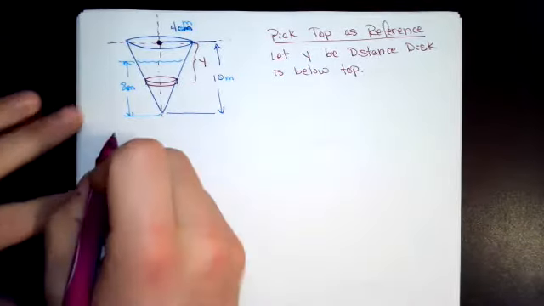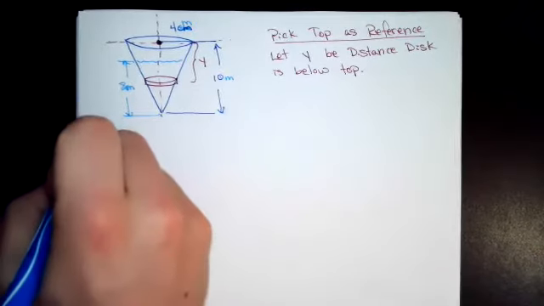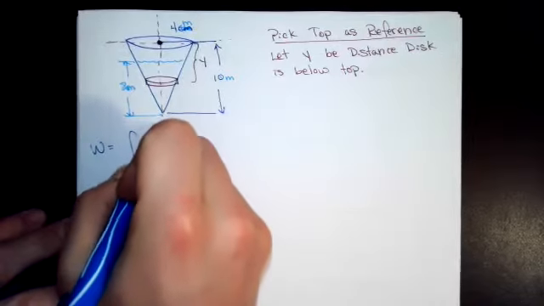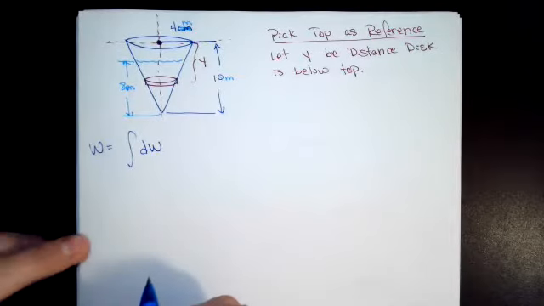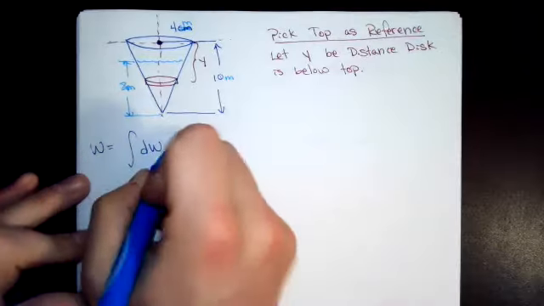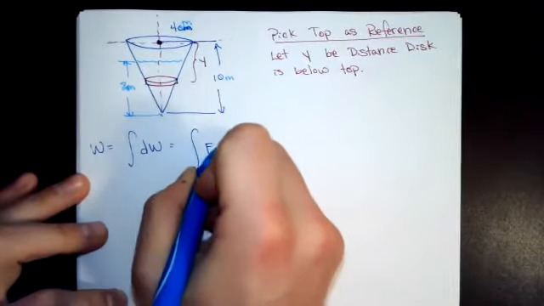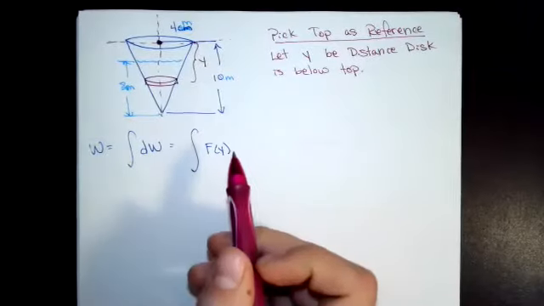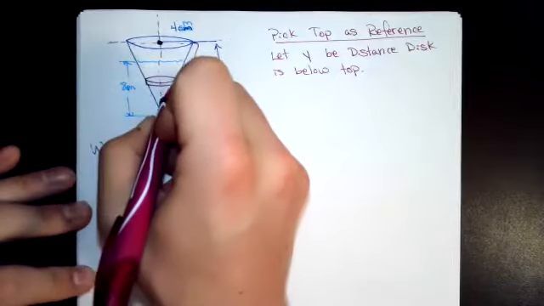And so I'm going to set this up. I'm going to say my work is the integral of dw. Not a bad way to start. And then what's that going to be? Well, it's going to be my force times the amount of change I would have to move each disk.